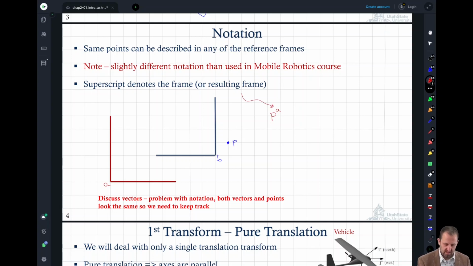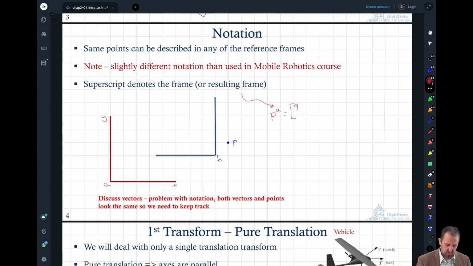So we could define the point in the A frame, and if we come over here and count, we'll just do 1, 2, 3, 4, 5, 6, 7, 8, 9. And this is going to say this is our x-axis and this is our y-axis. So point P in the A frame has a value of x equals 9.